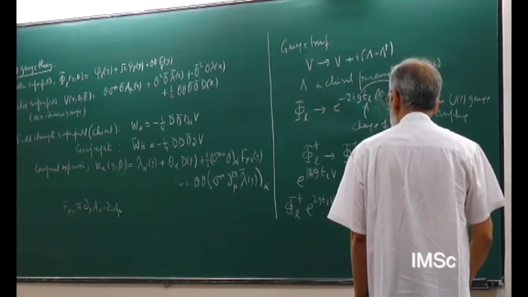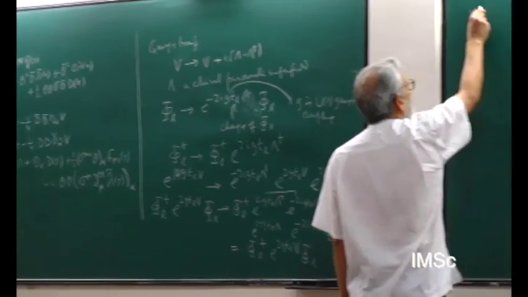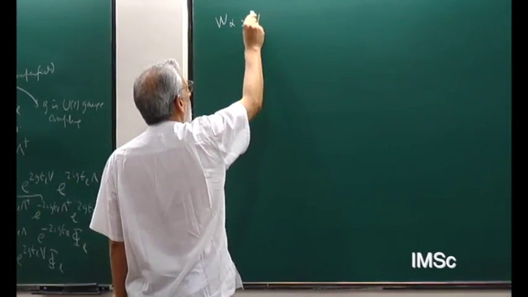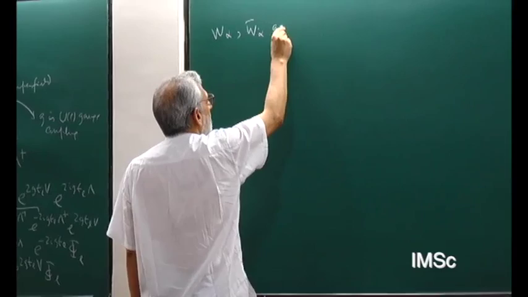And not only that, W_alpha is also gauge invariant, and so is W-bar_alpha-dot.